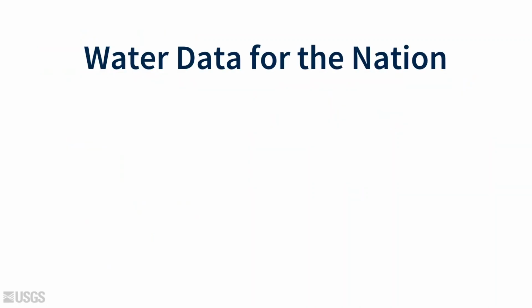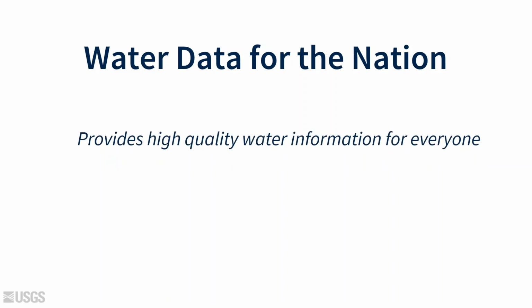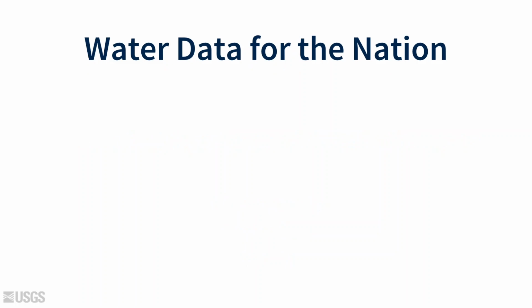WDFN provides the same high-quality water information that USGS has always provided, but now in a more discoverable, accessible, and usable format, which we accomplish using 3 pillars of practice.